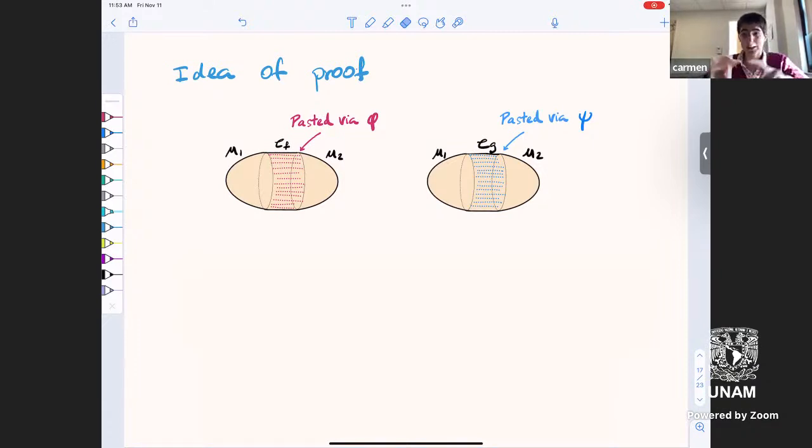So it's the gluing, thickened a little bit, but there are still two cut and paste equivalent things. One is pasted via some diffeomorphism phi, so the central part is a mapping cylinder of phi. Actually, there's a little typo right here, I'm going to fix it. So this is phi, and this is psi. Those are two cut and paste equivalent things.